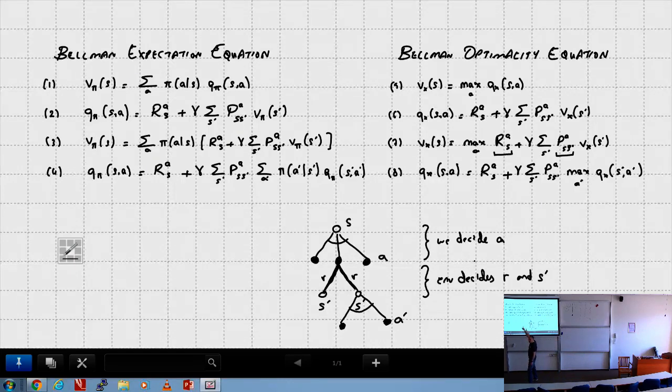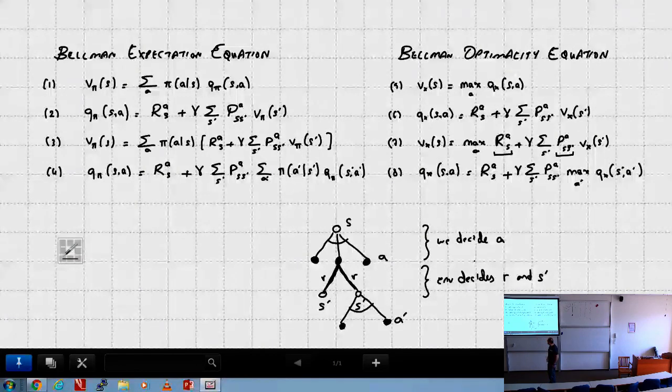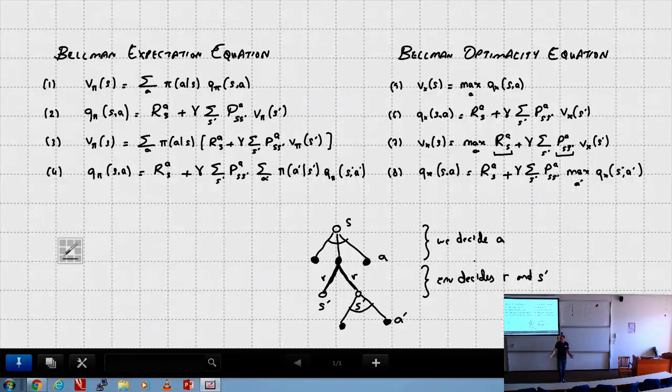Equation 3 has R^a_s, I don't know that. Equation 3 has P^a_{ss'}, I don't know that either. So I can't take those sums. Since I can't take those sums, what do I do? I basically play around with the world, and whatever I see, I use that sample as a representative of those sums. So model free means we can't take those sums in equation 3 because we don't know the capital R and capital P. Instead, we try something out, and then we basically encounter one term in those sums, and we try to approximate.